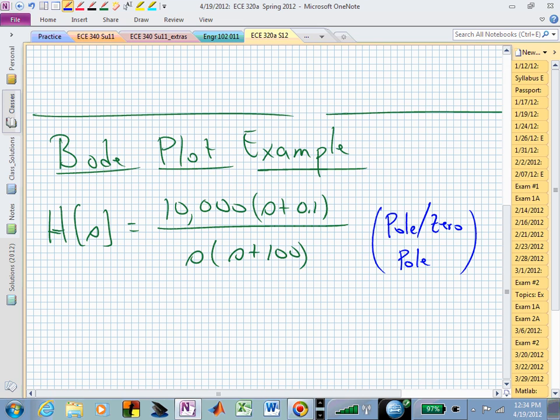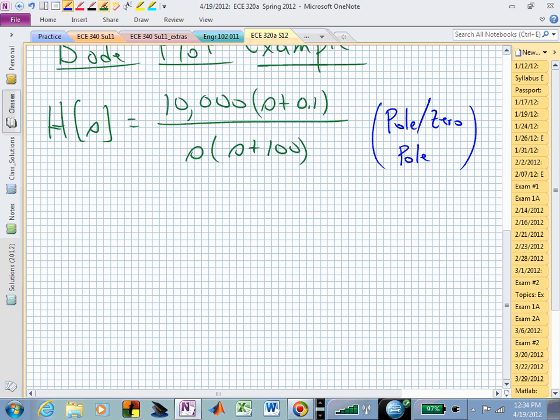We want to be able to add all of the individual pieces that we sketch independently. At the end, we want to add them all together. And because of that, we want to normalize these constant coefficients to a value of 1 so that the gain gets accounted for from the very beginning. In order to do that, we can simply factor out all of these constant coefficients.